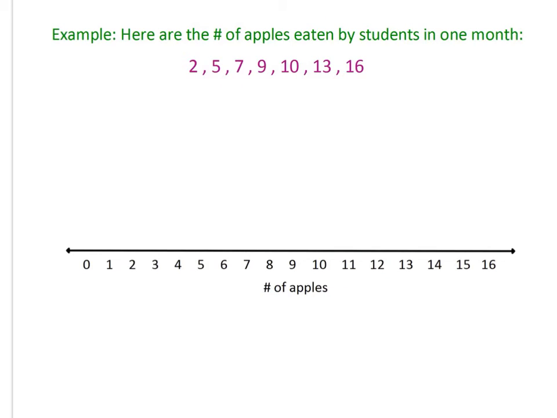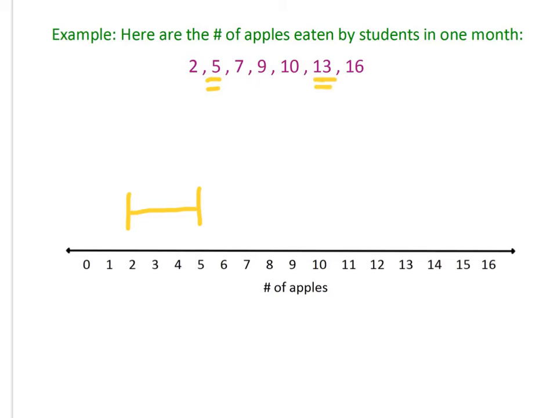So, just to review, the minimum is where I have my first line, or where I begin. The minimum is 2. My first quartile, we said, was 5, and that is where my box is going to begin. So I connect my minimum to my first quartile with a line.